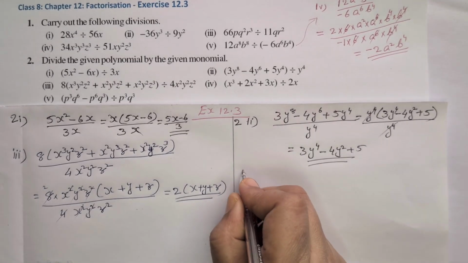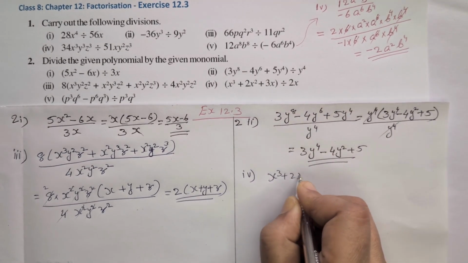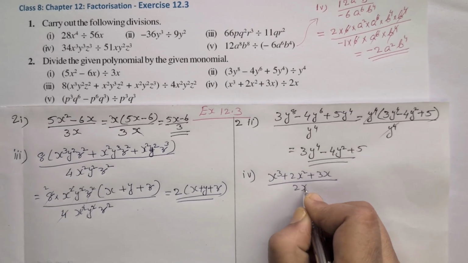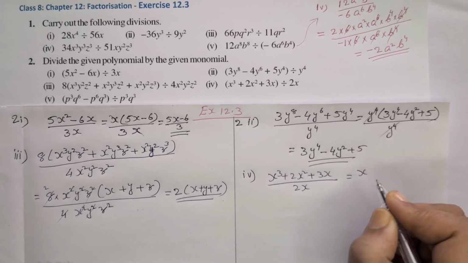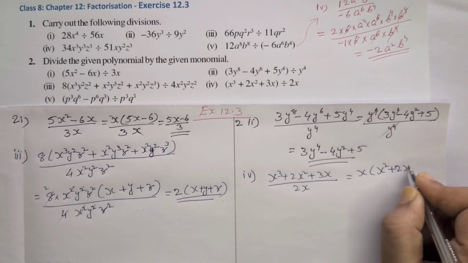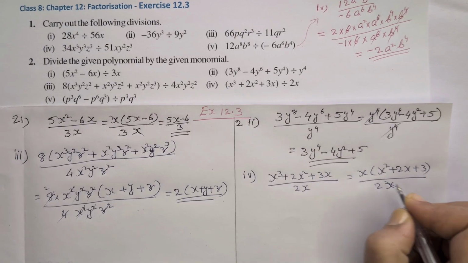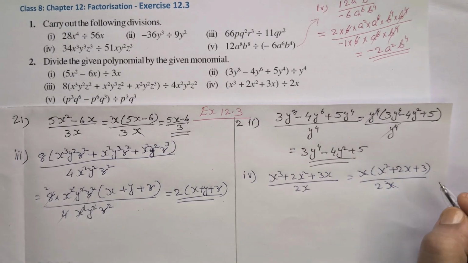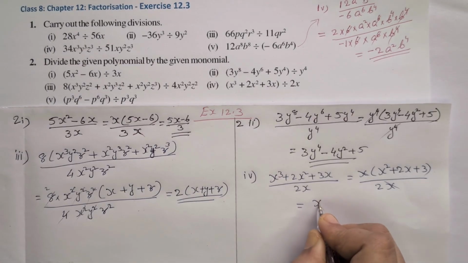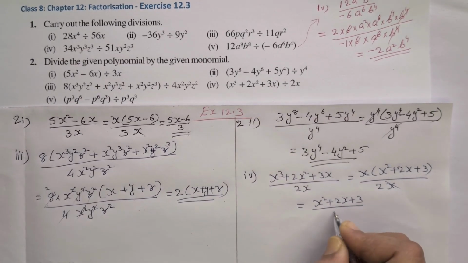Now the fourth one. Here x cube plus 2x square plus 3x divided by 2x. In the numerator only x is common. The remaining terms are x square plus 2x plus 3, divided by 2x. The x and x common term we have to take out, and then we can divide with the denominator, which is equal to x square plus 2x plus 3 divided by 2.